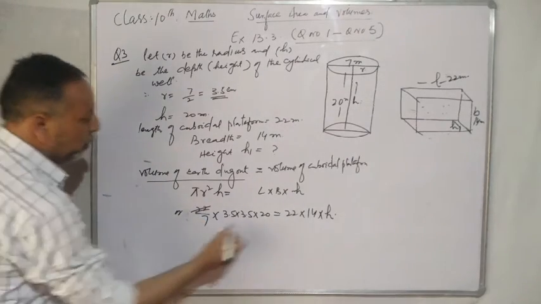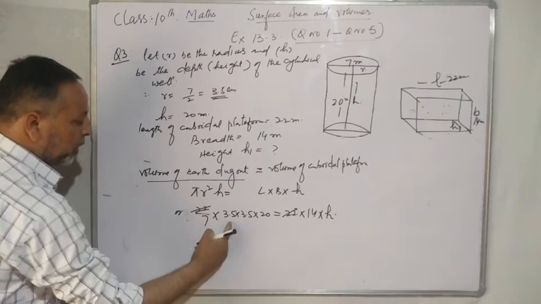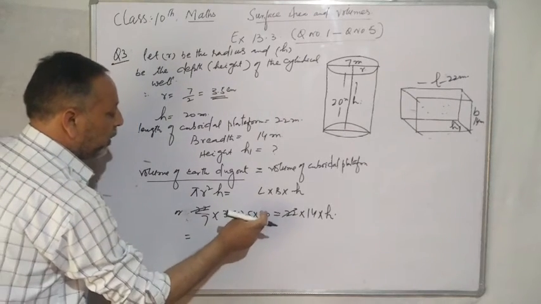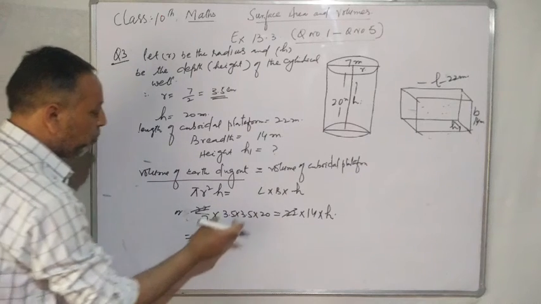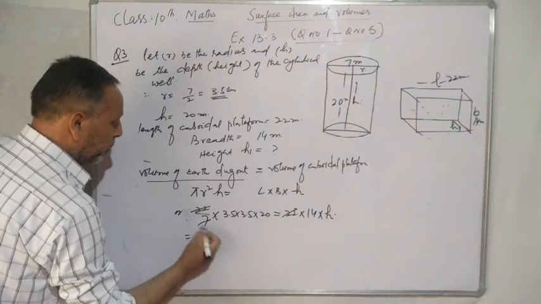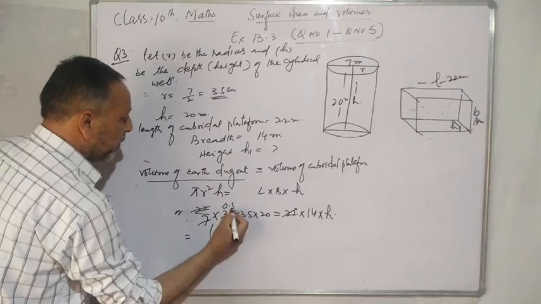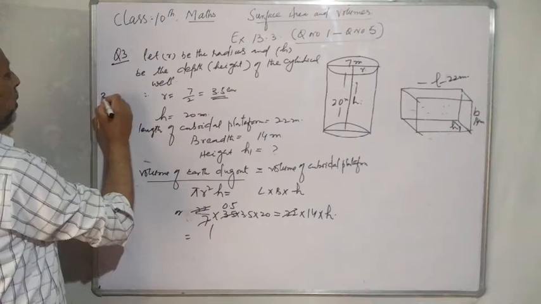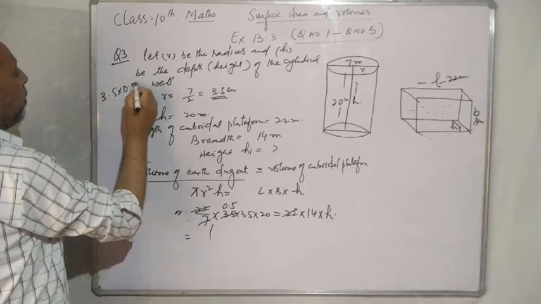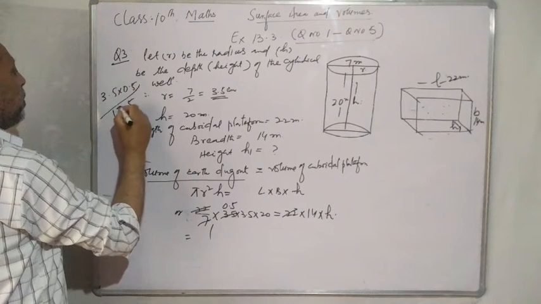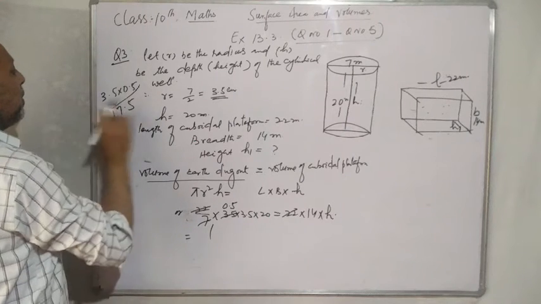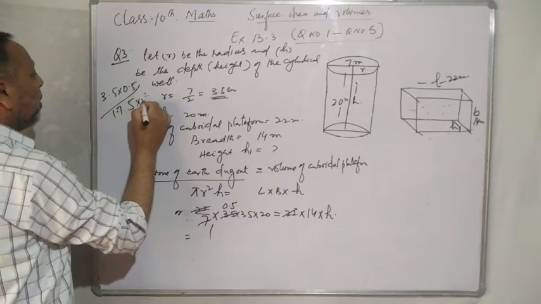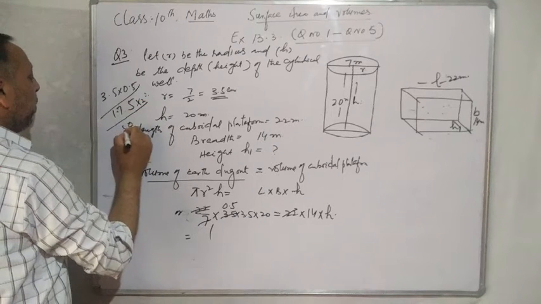So here, this 22 and this 22 cancels. It is 3.5 into 3.5 into 20. 3.5 into 3.5 into 20 means 7 ones are 7, 0.5. So it is 20 into 3.5 into 0.5. 3.5 into 0.5 means 1.75 into 20. 2, 5, 10, 2, 7, 14, 1, 15.